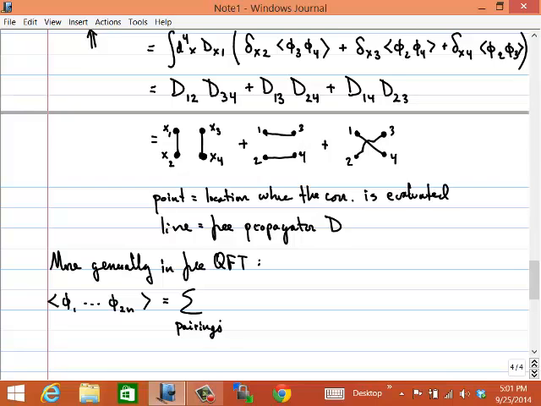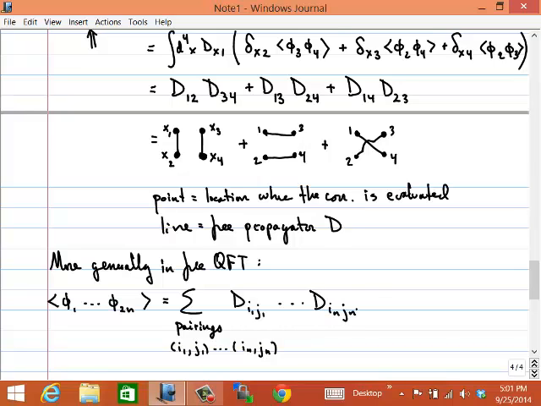So let's say, I'll label those pairings. So let's say that one index I1 is paired with J1, all the way up to another index I sub n paired with J sub n. And then you get a bunch of free propagators that connect these various different points.